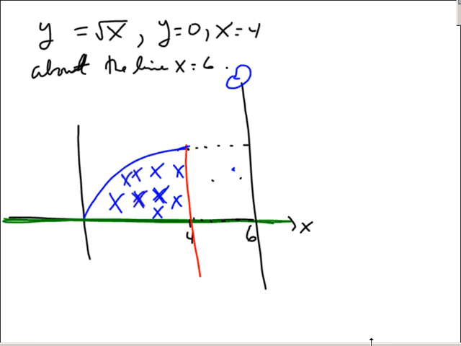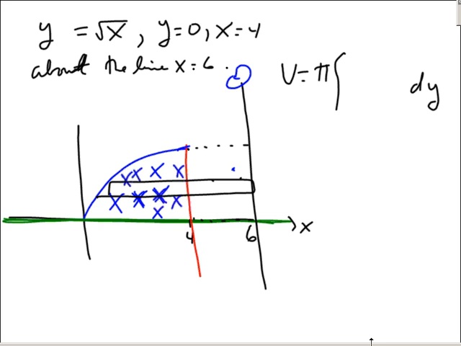First, we need to find the volume when we generate those big rectangles. And it's going to be pi times the integral. Okay, so it's going to be a dy problem.